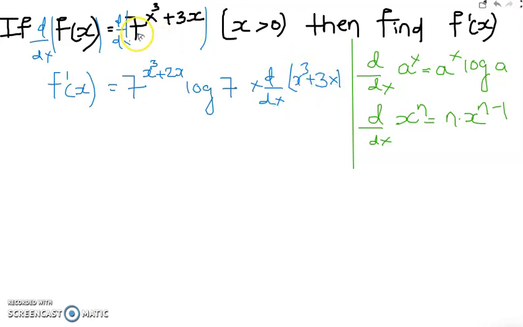Why are we taking the power x cube plus 3x as it is? If x is there in the power, we should not change it, it stays as it is. So again we have taken d by dx of that, right?